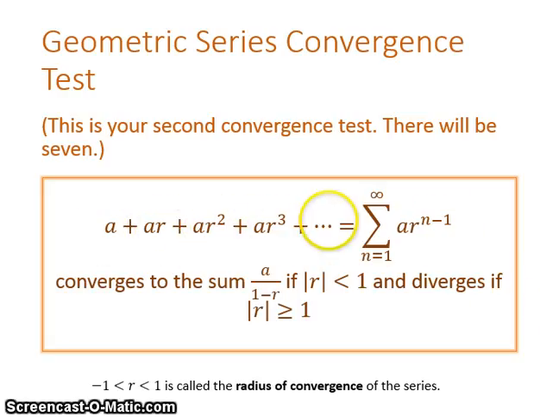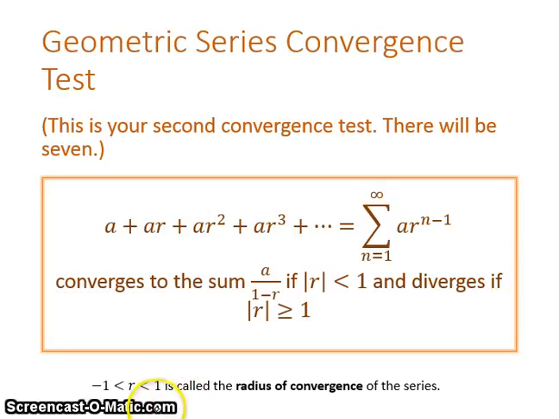If you take the sum of all of those terms, it converges to a single sum, and I'll even tell you what that sum is. It's a divided by 1 minus r, as long as the absolute value of your ratio is less than 1. The series diverges if the absolute value of your ratio is greater than or equal to 1.